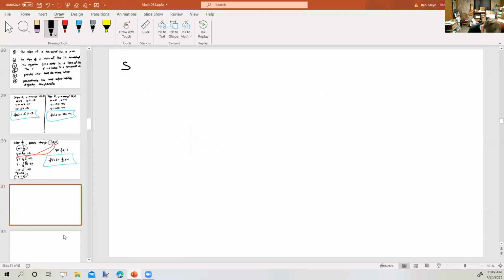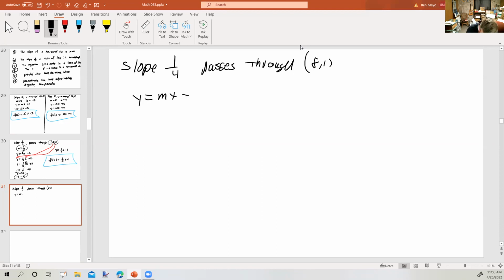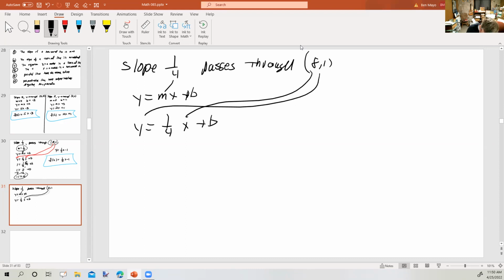We've got an equation that has a slope of 1/4 and passes through the point (8, 1). So y equals mx plus b. 1/4 goes in the place of m. 8 goes in for x. 1 goes in for y. 1 equals 2 plus b.